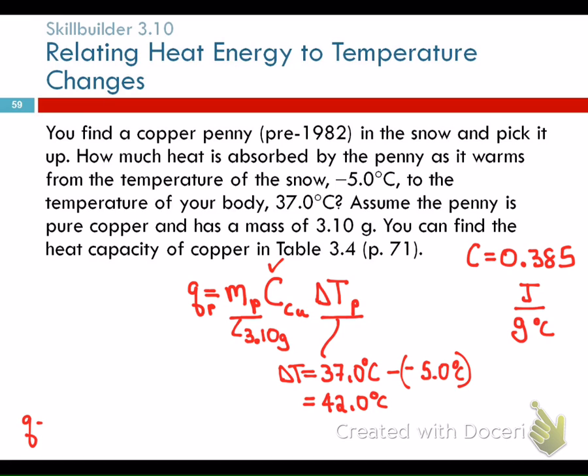Q is equal to 3.10 grams, and then the specific heat, that's where they got the 3.85, 0.385 joules per gram degrees Celsius, times the change in temperature, which is 42 degrees Celsius.